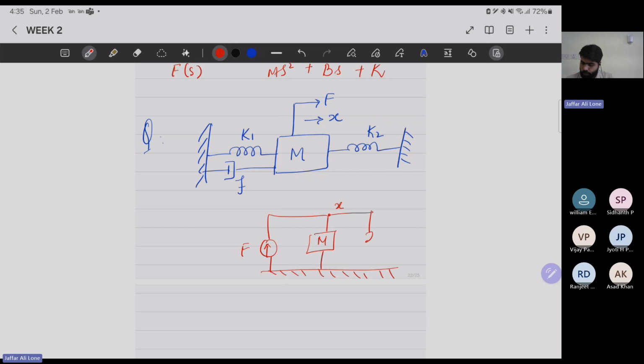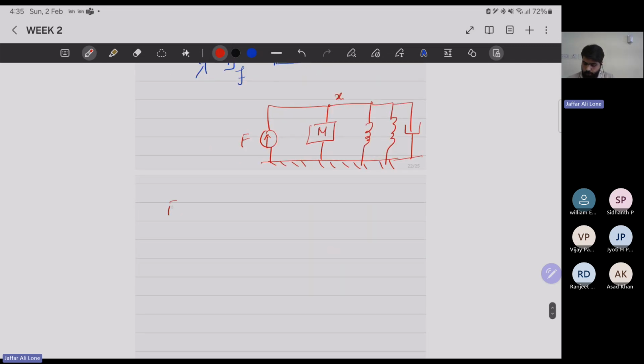Then we have one spring, another spring, and we have a damper. Right? So we have solved it. And the equation that we got was F is equal to M d2x over dt2 plus f dx over dt plus k1 plus k2 times x.